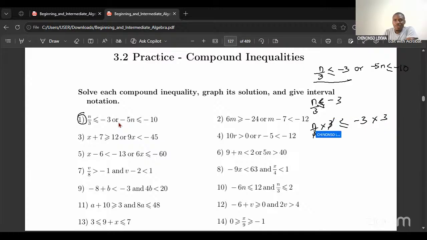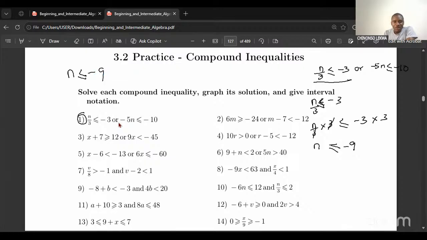So n is less than or equal to -3 multiplied by 3, which is -9. So it's either n is less than or equal to -9, or so I want to get the other range.